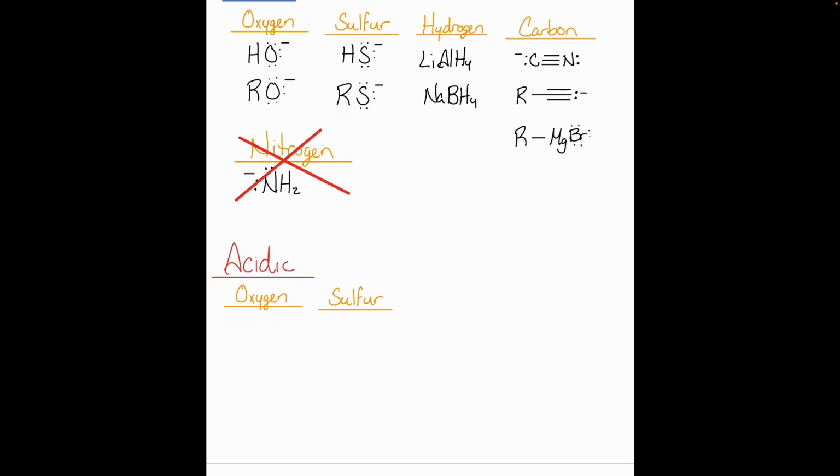All right, so if I look here, this has this negative charge. If instead I added an additional hydrogen to make it neutral, that would be my acidic condition nucleophile for that oxygen. Same thing here. If I take that alkoxide ion and I protonate it to make an alcohol, that would be an acidic conditions nucleophile.